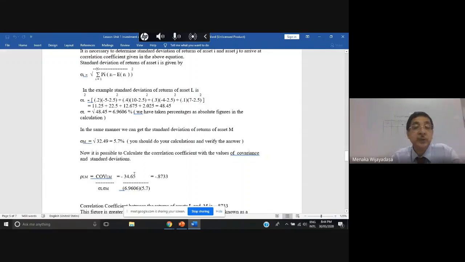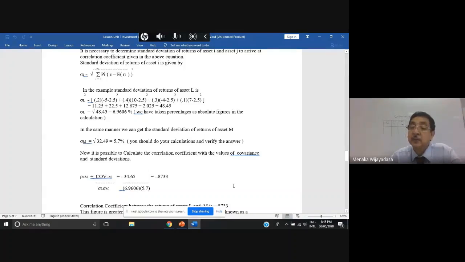In order to get the correlation coefficient, you need to divide the covariance of LM by 6.9606 and 5.7. Then you arrive at an answer which is minus 0.8733. This is the correlation coefficient between returns of L and M.